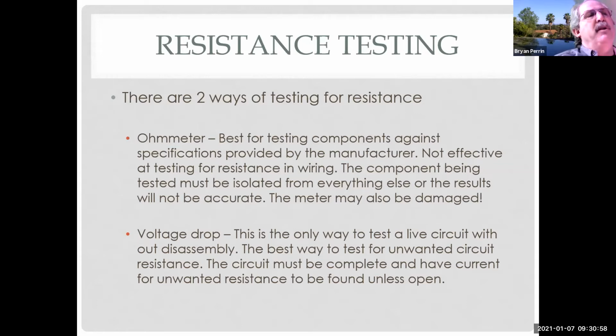So if I'm going to use an ohm meter, which is part of a DMM or digital voltmeter, to test resistance in wiring, I would need to disconnect the wiring at each end to measure the wire. If I want to measure resistance in a solenoid or a motor, I would need to disconnect it and measure it all by itself. So it's time consuming. It's also not necessarily accurate.